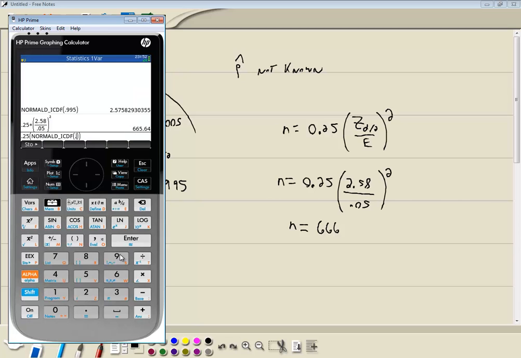And I'll do 0.995, the area to the left. Right arrow to get it out of that parentheses. Then I do my divide, then E, which is 0.05. And then right arrow to get out of the fraction. Right arrow one more time to get out of the parentheses. I push my x squared, and then push enter.